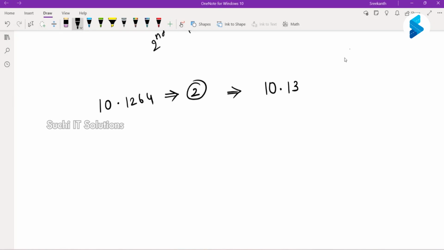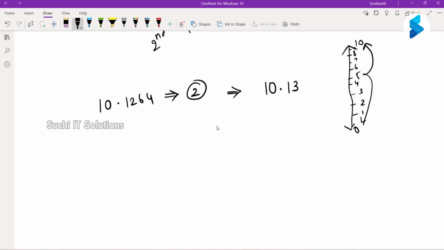Right, so we add one to the number. Whenever I'm looking at rounding, always think 0 to 10: 1, 2, 3, 4, 5, 6, 7, 8, 9, 10. If the number is greater than or equal to 5, I go to the next number.